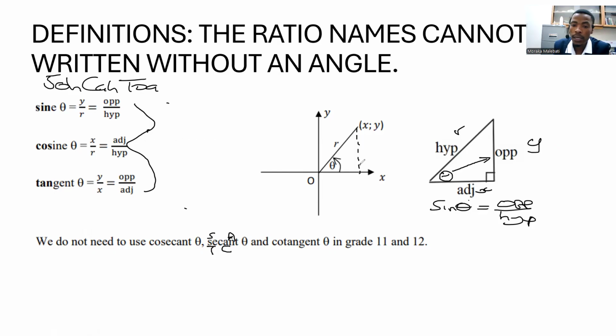Then you have your right angle triangle, still with that x and that y. Let's say they gave you something like 2 and 1. You know that here you have 2, and here you have 1. So that is the definition. I hope it makes sense.